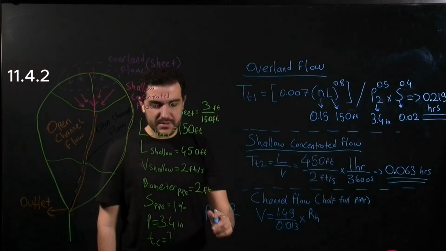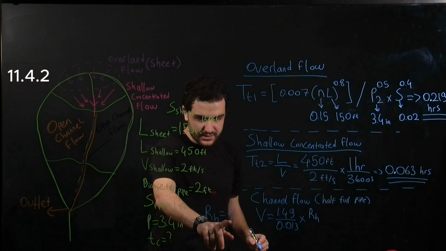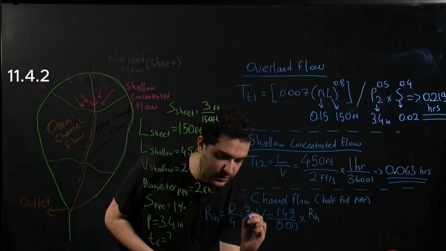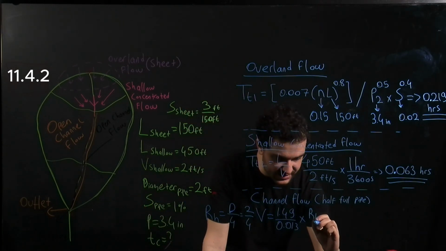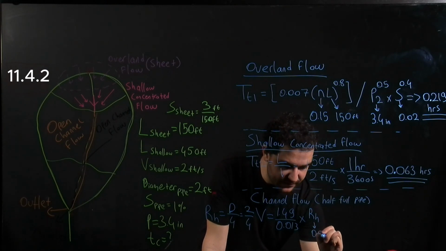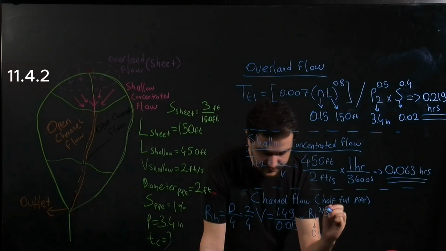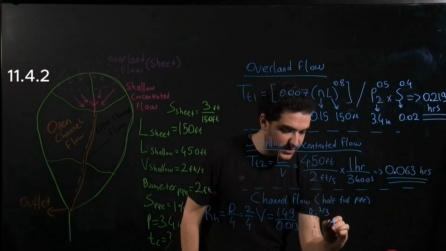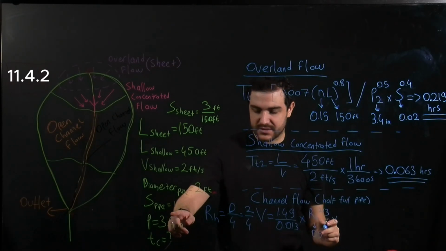D here is the diameter, and we have 2 feet over 4. So this is actually 0.5. And finally we have the slope, which was given as 1%.